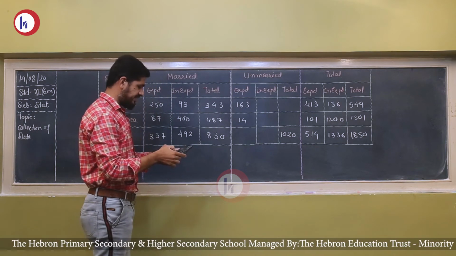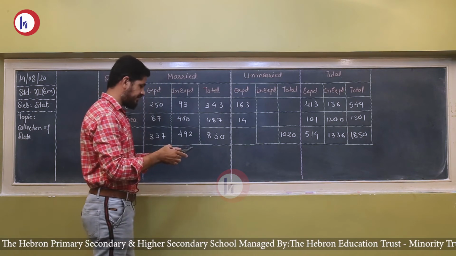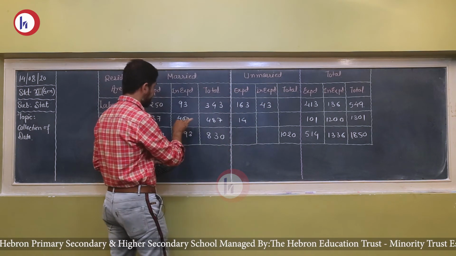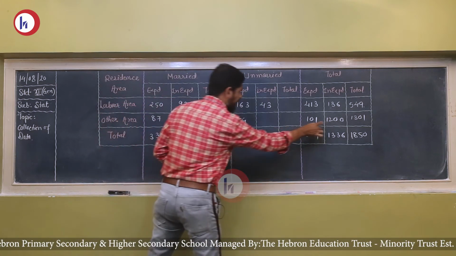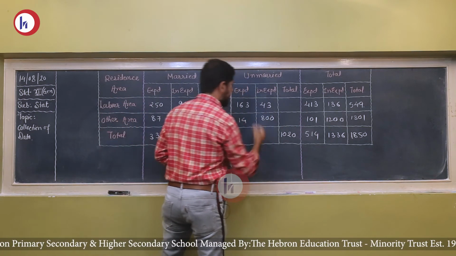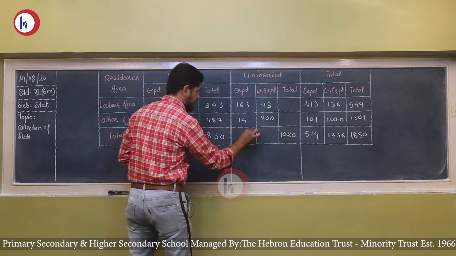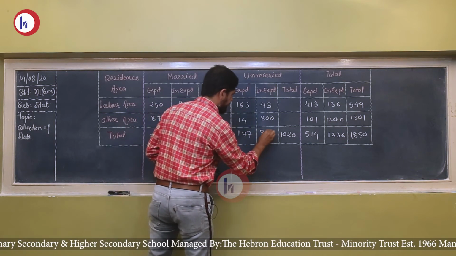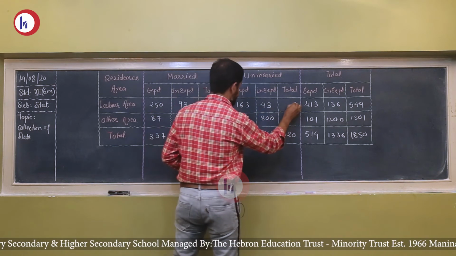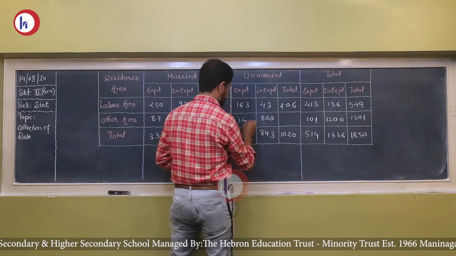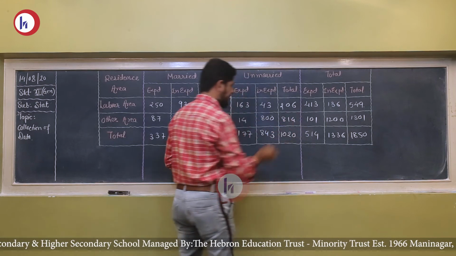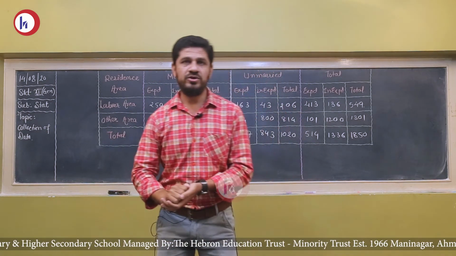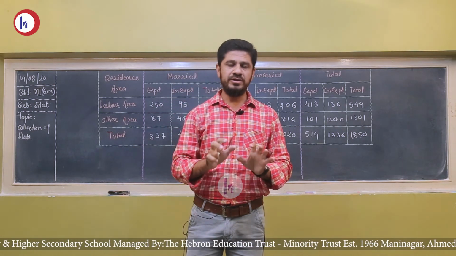So 136 minus 93 will be 43, and finally 400 from 1200, that is 800. So the sum will be 6206 and finally 840. So with common sense and logic, we can fill all the data.